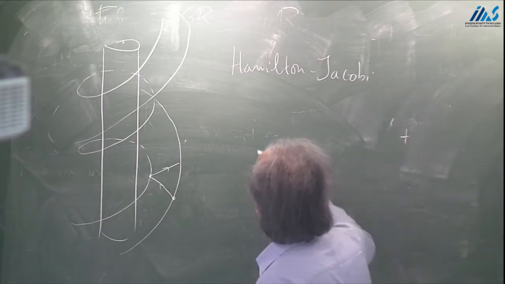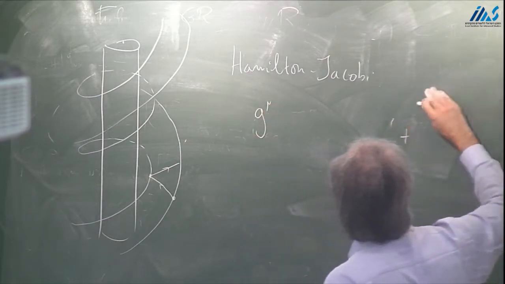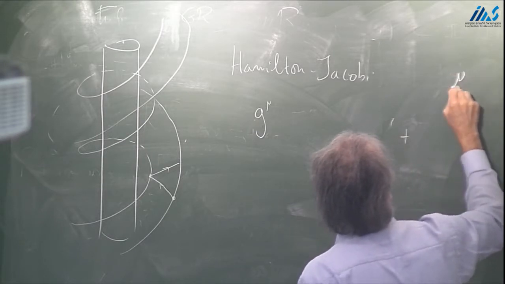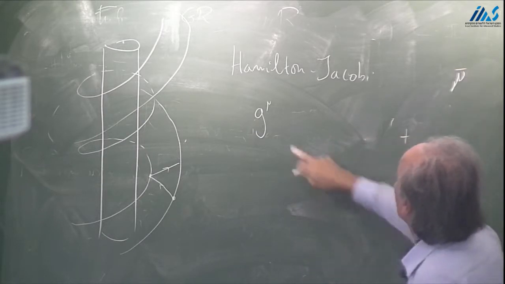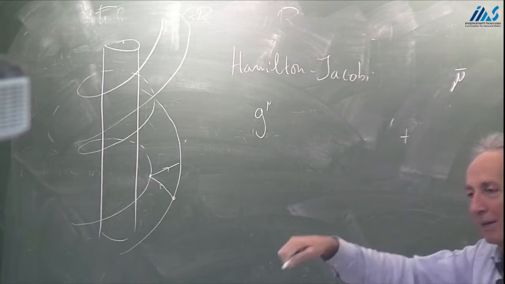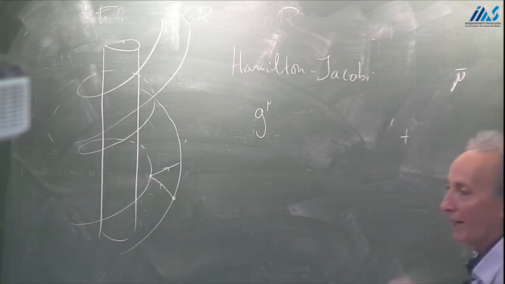What you do is you write the mass shell condition for a particle of mass mu bar, let me put mu bar to distinguish from this index. And mu bar will be non-zero if I have a massive particle like a planet. If I consider a photon, I can take the limit where mu bar tends to zero.